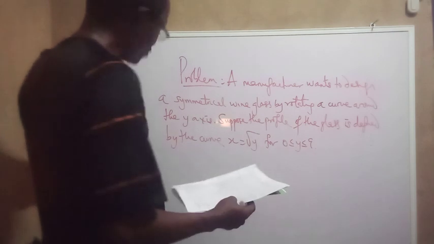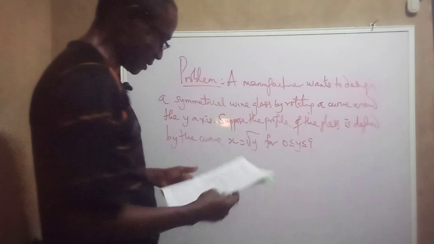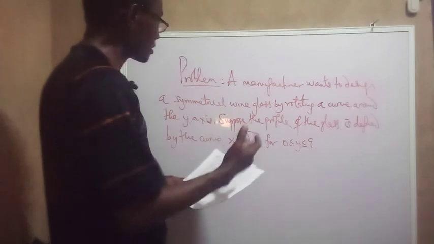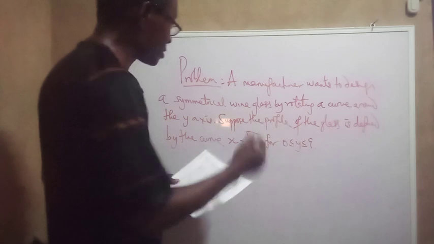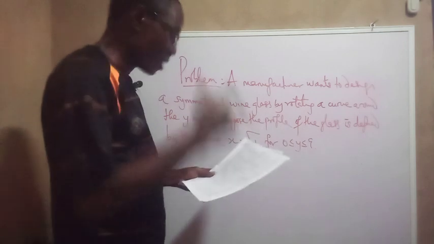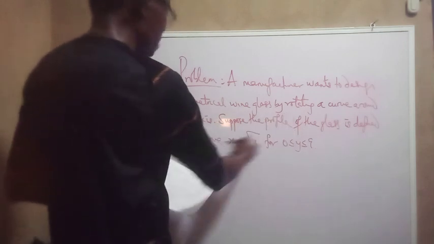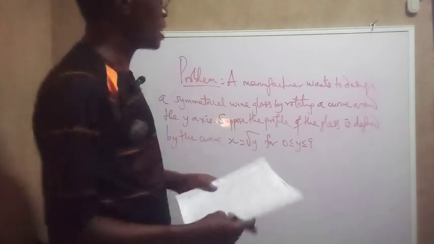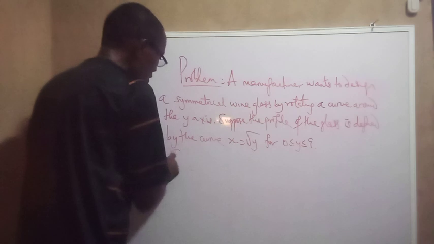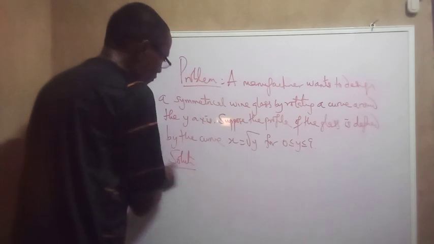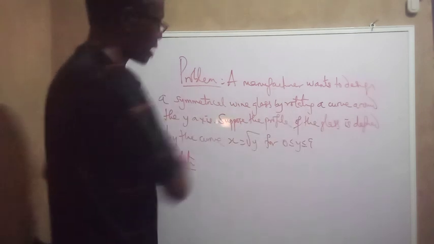Now to find the volume of the full glass, we rotate this particular curve around the y-axis, as we are given. So the curve will be rotated along the y-axis.